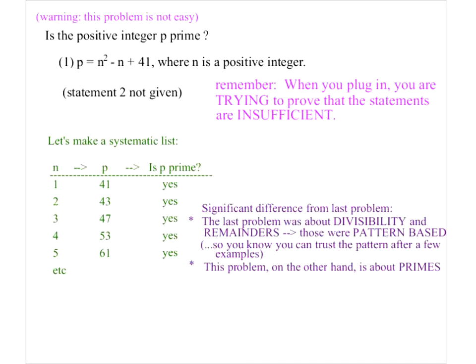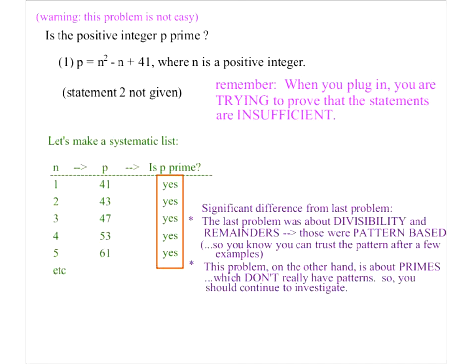So, you should continue to investigate. All right. So what are we trying to do? I mean, right now we have a whole bunch of yeses. So what is our goal at this point?